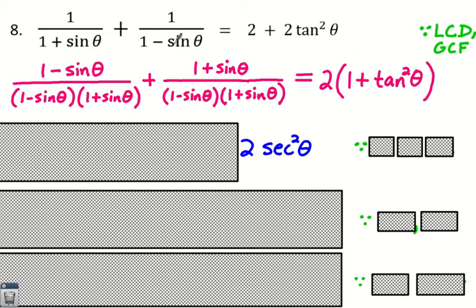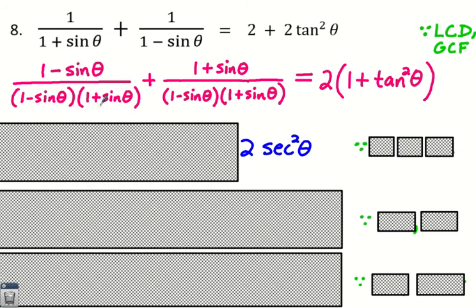That's the only way to make them the same. And so what ends up happening is this numerator becomes 1 minus sine, this numerator becomes 1 plus sine, because whatever we multiply to the bottom, we multiply to the top. So that's why we get this and this.